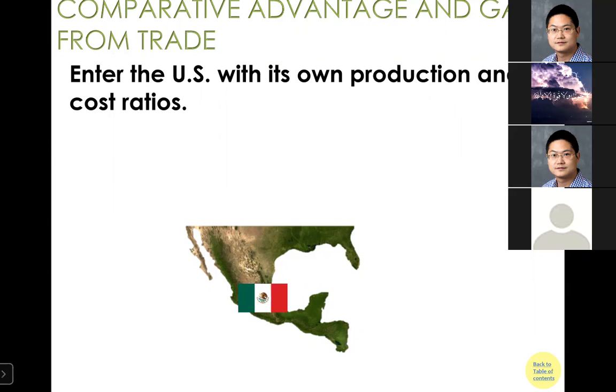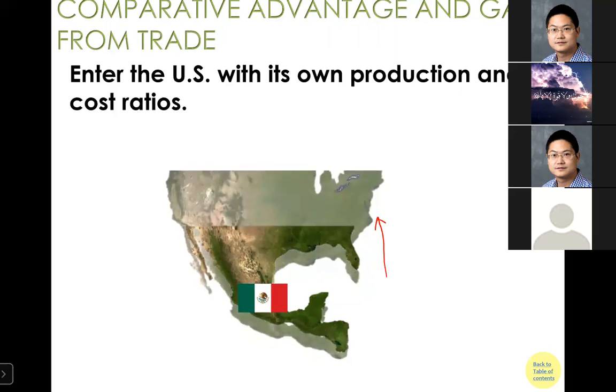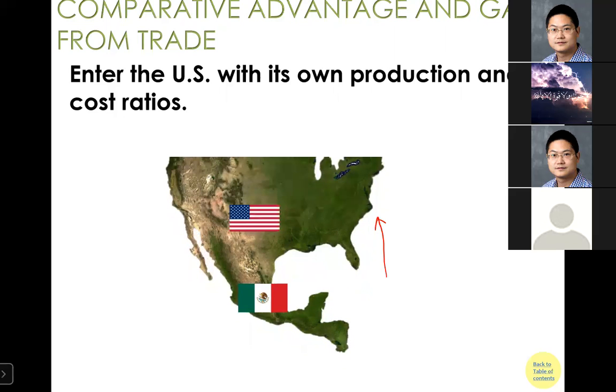So we cross the border, move north, and enter the United States. The US economy has its own production and cost ratio, or in other words, its own technology and its own PPF. Their different PPF gives us an interesting discussion of why Mexico or the US would want to trade with the other party.